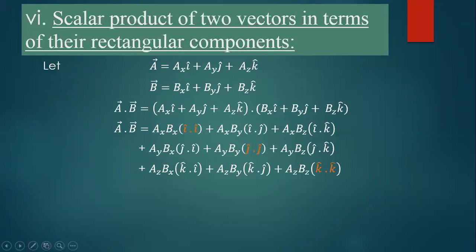So after multiplying both vectors in terms of their rectangular components, by putting the values of I dot I, J dot J, K dot K, we know that the values of I dot I, J dot J and K dot K are equal to 1, which are highlighted here in red color.